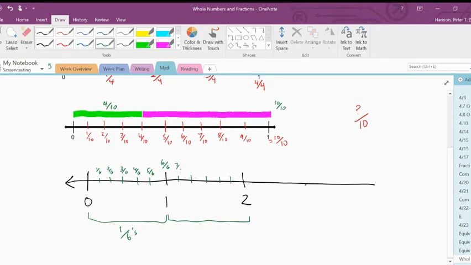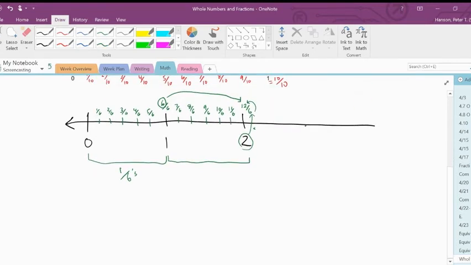I've got 7/6, 8/6, 9/6, 10/6, 11/6, and 12/6. It's like I had added another 6 onto here to get myself to 12/6. Also, take a look. I could take this number 2 and multiply it by my bottom number, and that's going to equal my top number. We'll get a little bit more into that later.